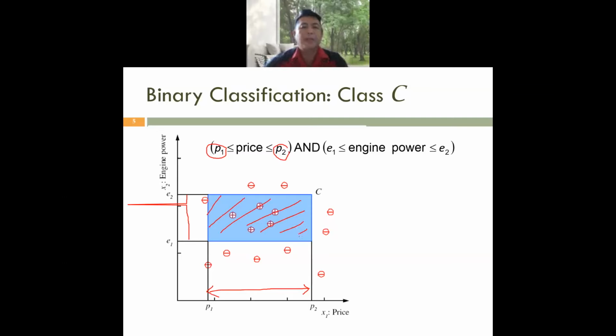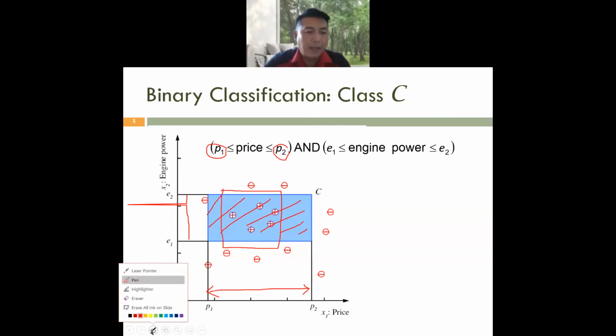Okay, but this is what we could say is the ideal scenario. But when we train the model, maybe it draws a different rectangle, for example, like this, or here.